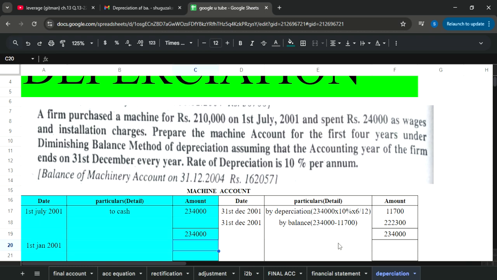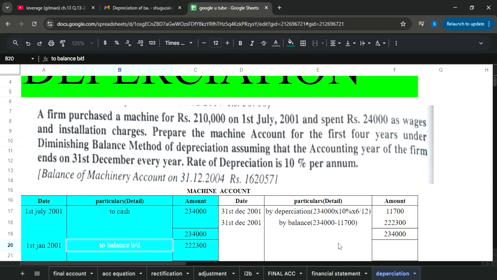How much balance? 222,300. 222,300, and you will write it as To balance b/d. You will write it as b/d. I'm hopeful that no spellings are wrong. So here you will write your balance.